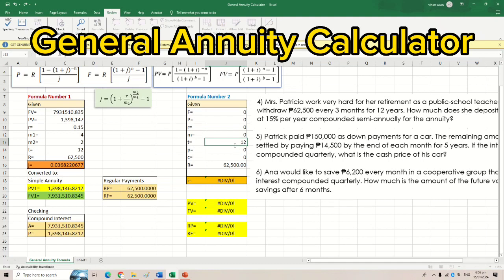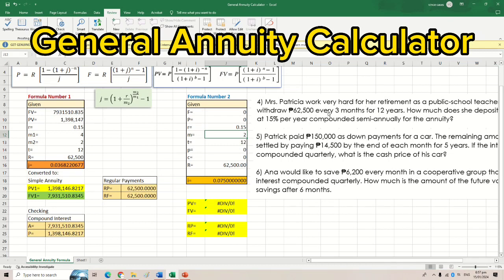Next is the M. The M is the original, the M2, the original value, which is semi-annually, that is twice a year, so that's 2. And then the percentage is 0.15. And then we have the P. The P is the number of months of the interval of payment. So what is the number of months?